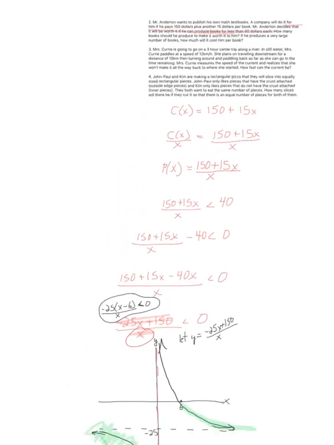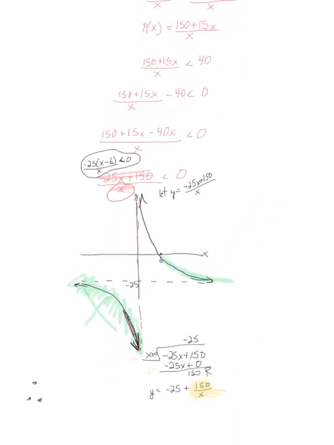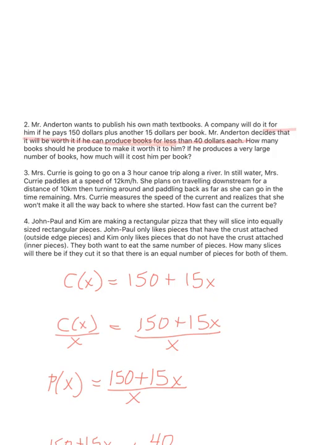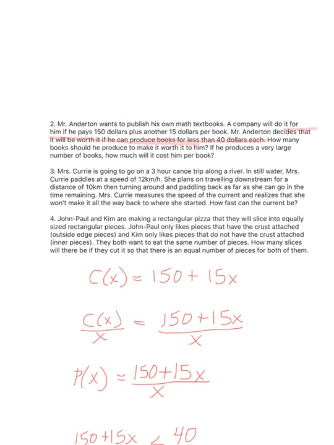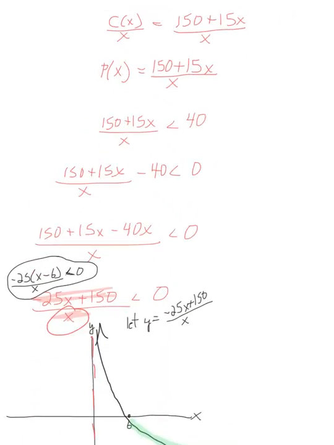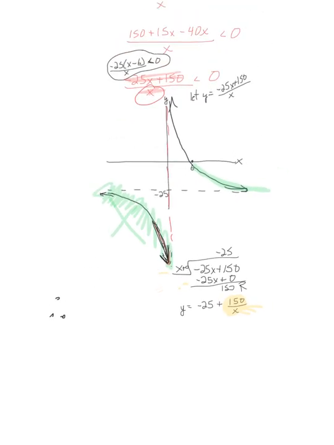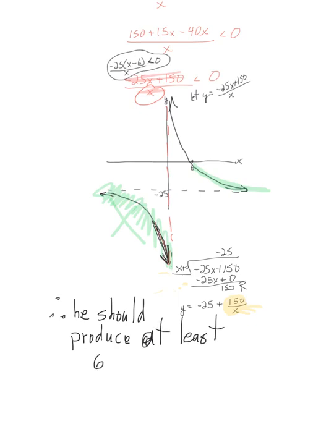What's the actual question asked here? How many books should he produce to make it worthwhile? Therefore, he should produce at least 6 books.